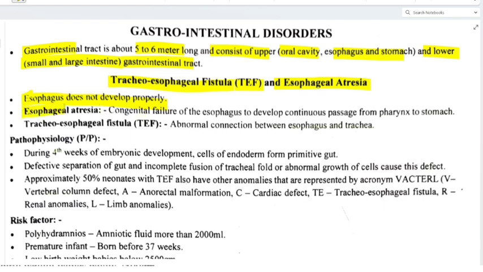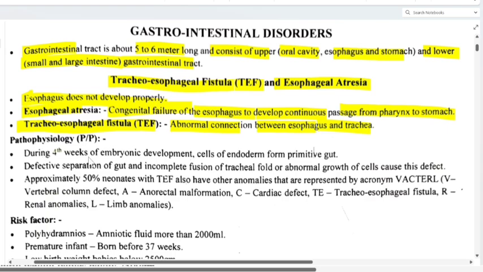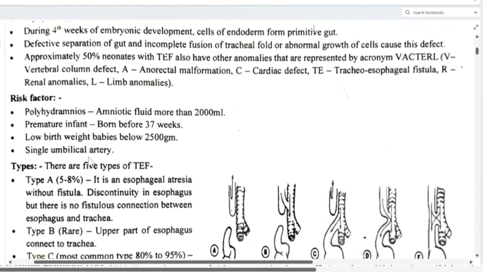Esophageal atresia is the congenital failure of the esophagus to develop a continuous passage from pharynx to stomach. Tracheoesophageal fistula, TEF, is an abnormal connection between the esophagus and trachea. We will see it in the picture as well. See, the abnormal connection will be there between the esophagus and trachea.